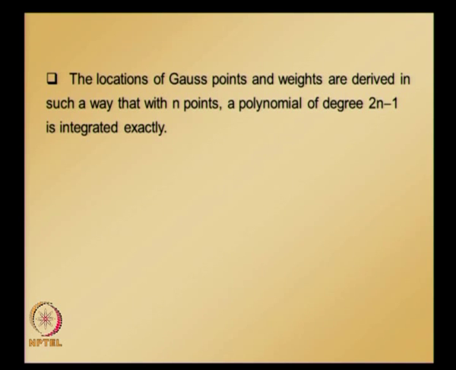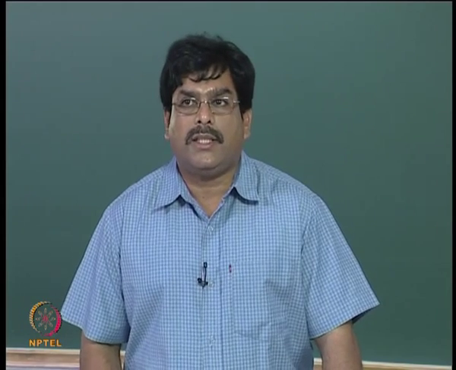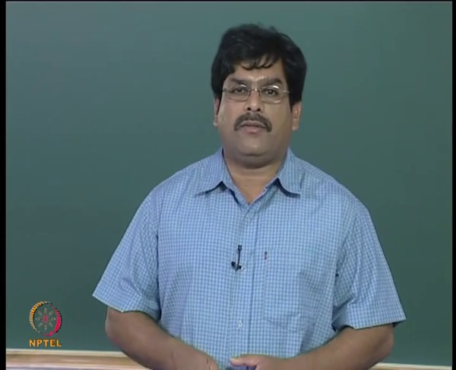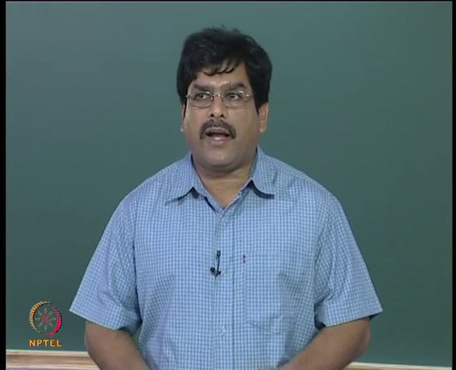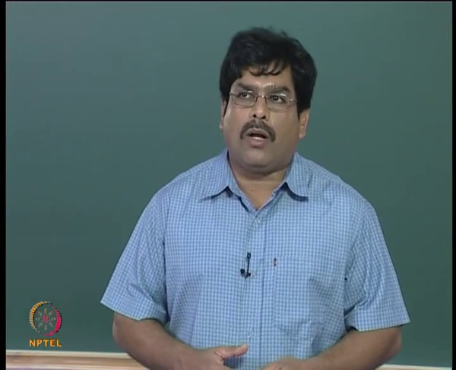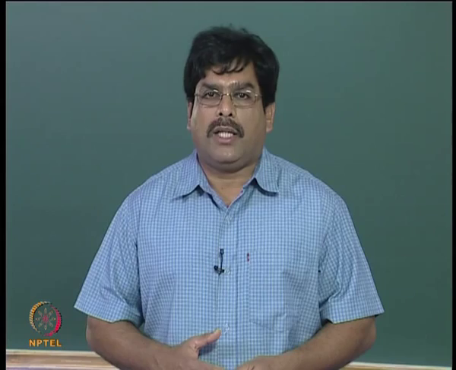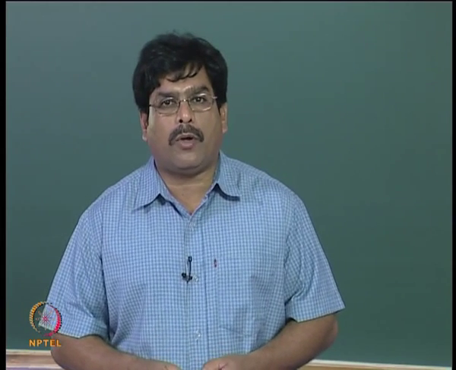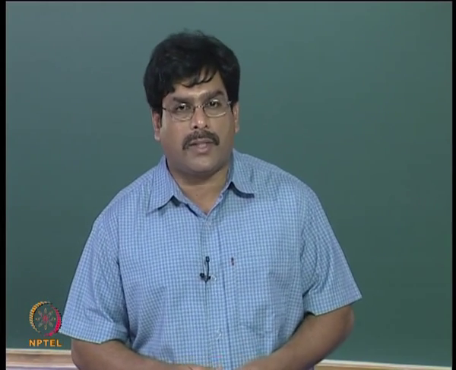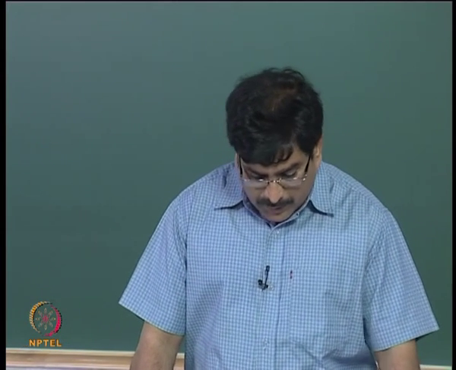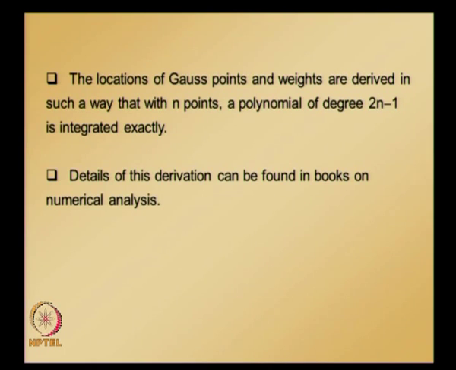So, the values of Gauss points, that is xi and wi, are derived based on this condition, and it automatically follows that if we adopt n points, we can integrate a polynomial of degree 2n minus 1 accurately. The details of this procedure, how to obtain these Gauss points and weights, can be found in textbooks on numerical analysis.